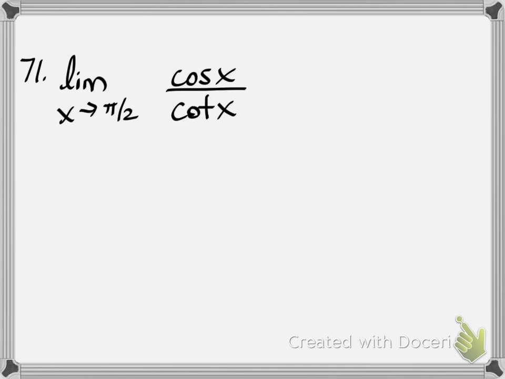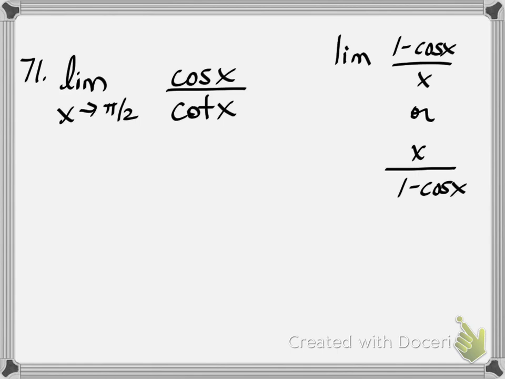Well, I know a rule about cosine, but it's 1 minus cosine x over x. Or, I'm not sure if I told both classes, it's also x over 1 minus cosine x. It can be flipped. Limit as x approaches 0. This is 0. This is also 0. But I don't really have that.